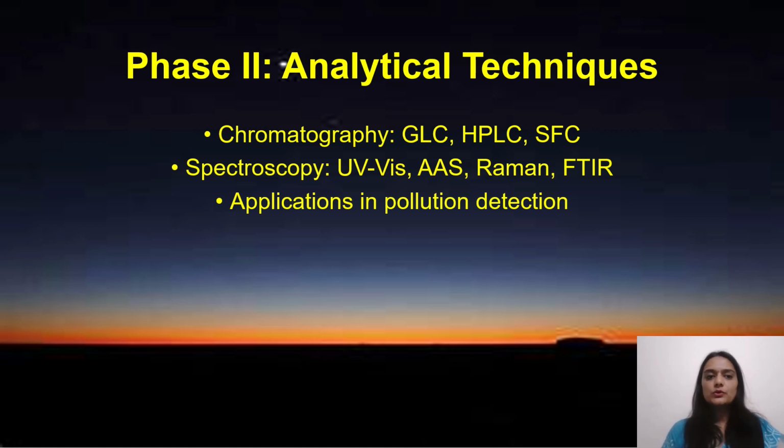In phase 2, learners will explore key analytical techniques such as chromatography, including GLC, HPLC, SFC, used for separating and identifying pollutants. Also, the spectroscopic methods like UV visible spectroscopy, atomic absorption spectroscopy, Raman spectroscopy, and FTIR are discussed for detecting the environmental contaminants.